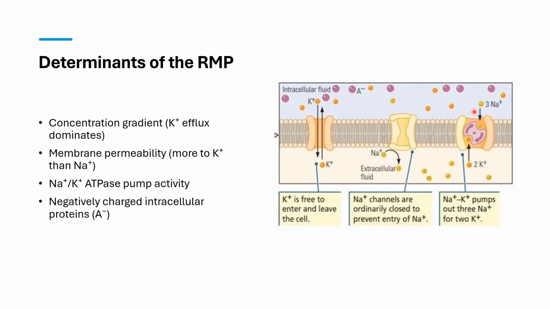By doing so, it preserves the ionic gradients and adds a small electrogenic effect, making the inside slightly more negative. Finally, negatively charged intracellular proteins, these large impermeant anions remain inside the cell and further reinforce its internal negativity.